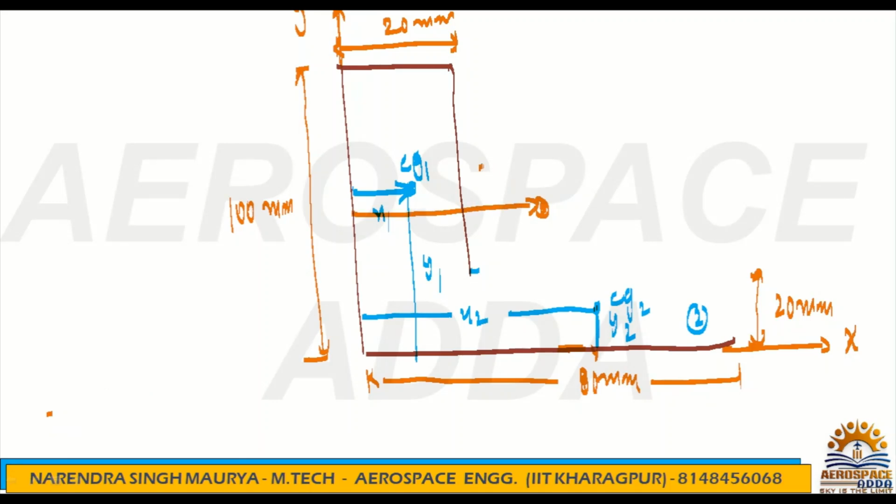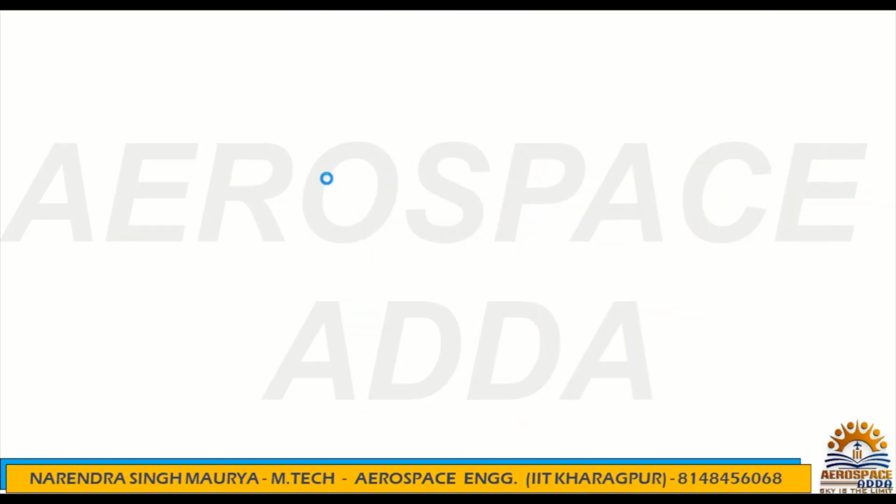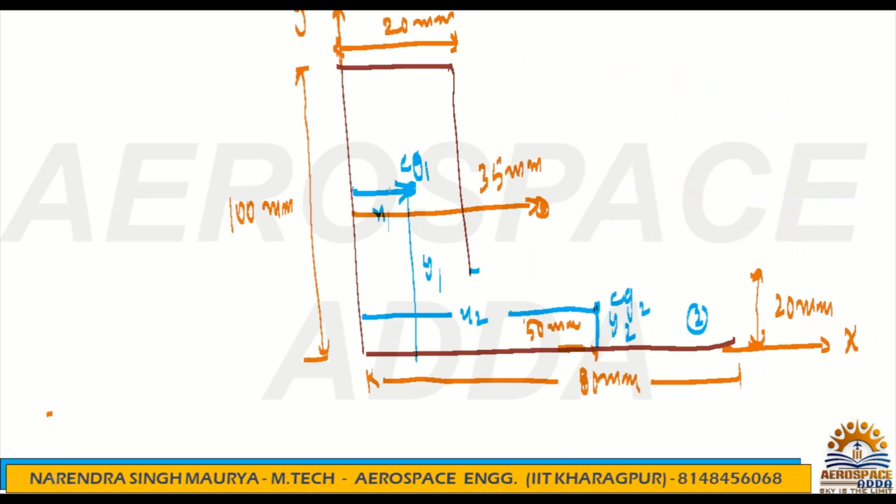So obviously it will be in between x2 and x1, because x2 is 50 mm, no? And x1, I think, is 10. x1 is 10. And y bar will be between y1 and y2. So this is the y bar now.